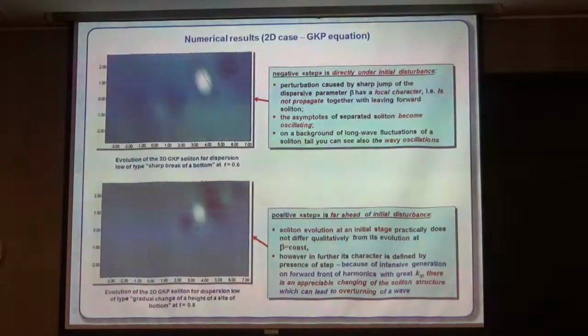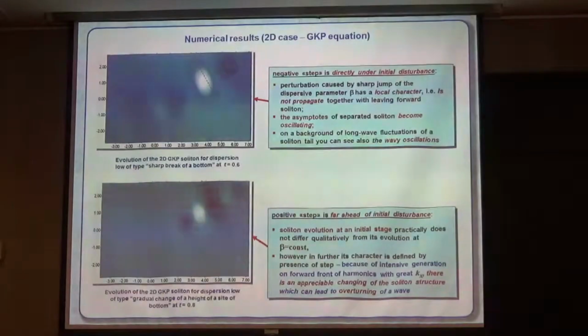Here, for the case of a positive step far ahead of the initial disturbance, you can see that the soliton evolution at an initial stage practically doesn't differ qualitatively from its evolution at beta constant.